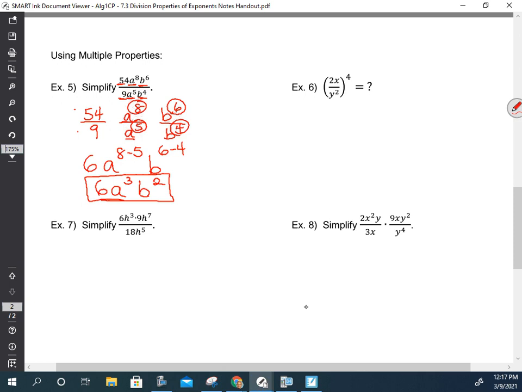So, example 6. What do you notice in example 6? What's just blinking, glaringly there? What are those things called? Parentheses. You see parentheses, that means for division, you're going to be distributed.